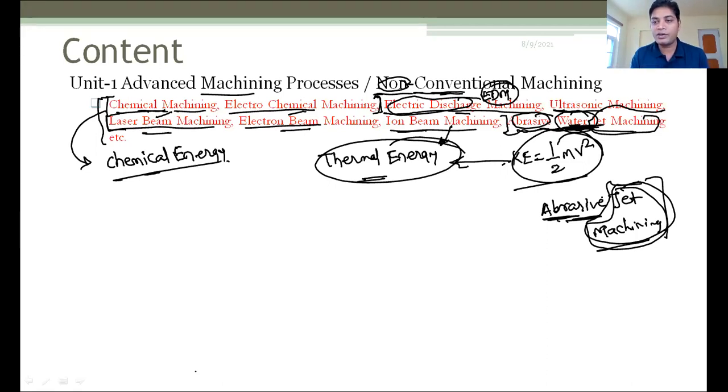Gases or air. So here we use gas to create the jet. These high-speed gases are mixed with the abrasive particles and impinge over the workpiece surface and remove the material. So these are the different types of non-conventional machining operations that we will study in the first unit.